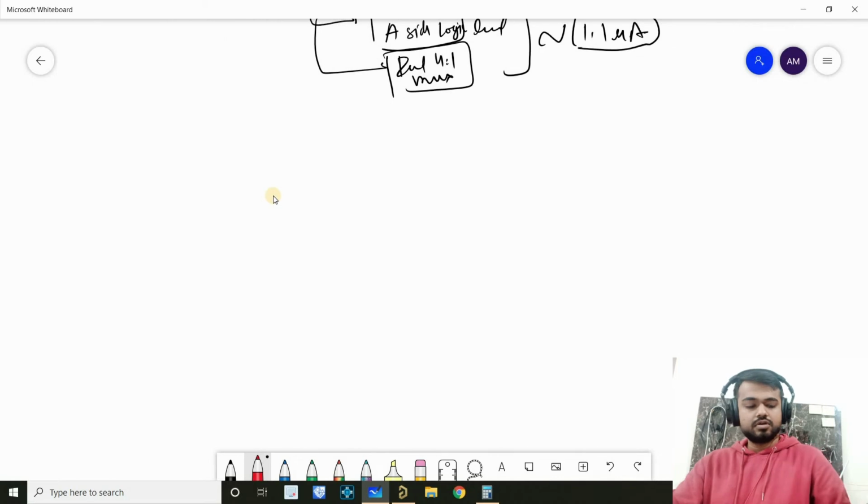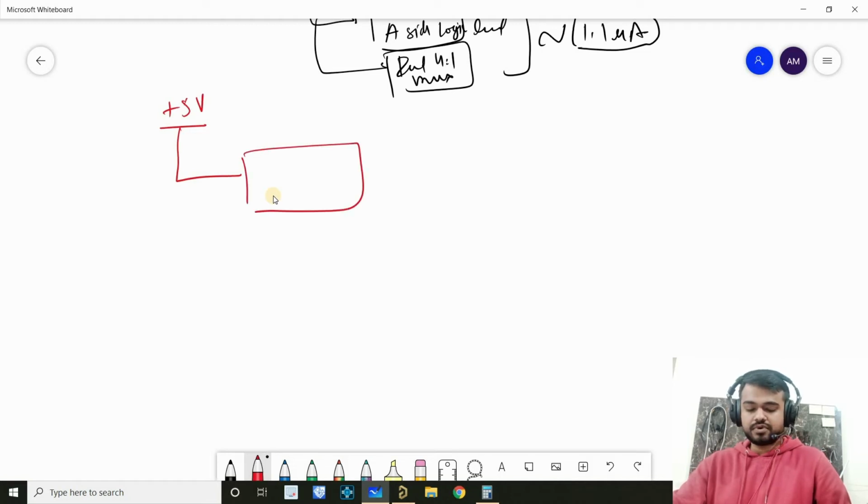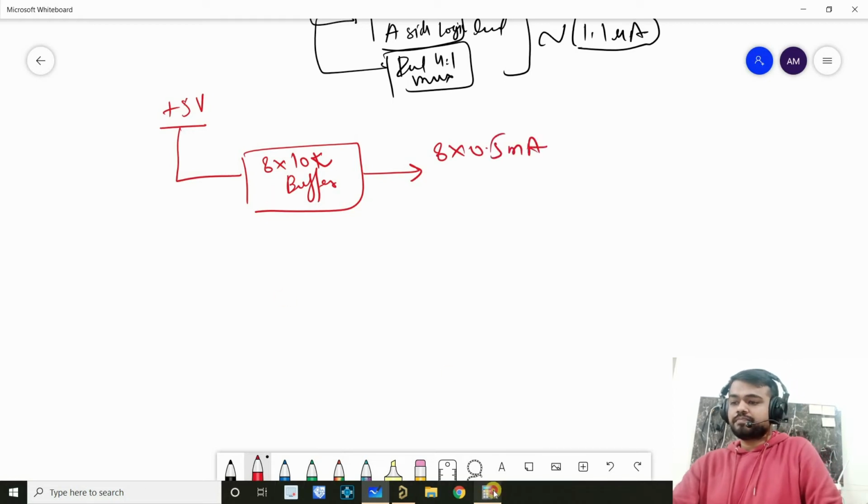Similarly, on plus 5 volt, you'll see a couple of chips, but here we have buffers connected to 8 10 kilo ohm resistors, and it is connected to 5 volt. That means 8 into 0.5 milliamps.